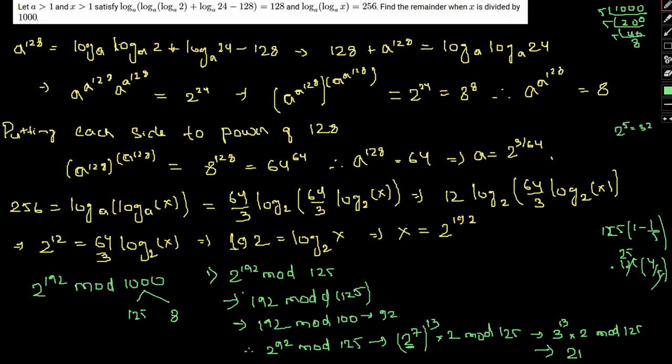Okay, and now secondly, if I solve 2 to the power 192 mod 8, 2 cubed is already divisible by 8, so this will give us remainder 0.